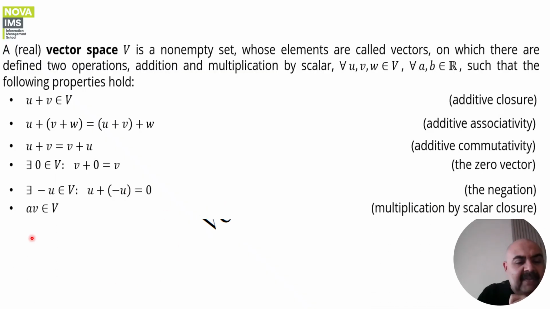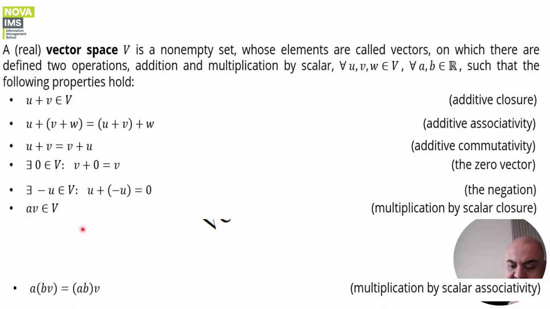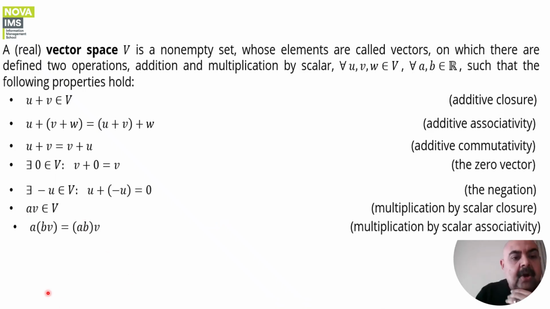Also, we have the scalar multiplication. Multiplying a by v will equal a vector in V, which means if you multiply a number by the coordinates of a vector belonging to a vector space, or the set of vectors, it should be applicable. a times v belongs to V, which is the vector space. Also, the associativity of having two constants a and b times v.